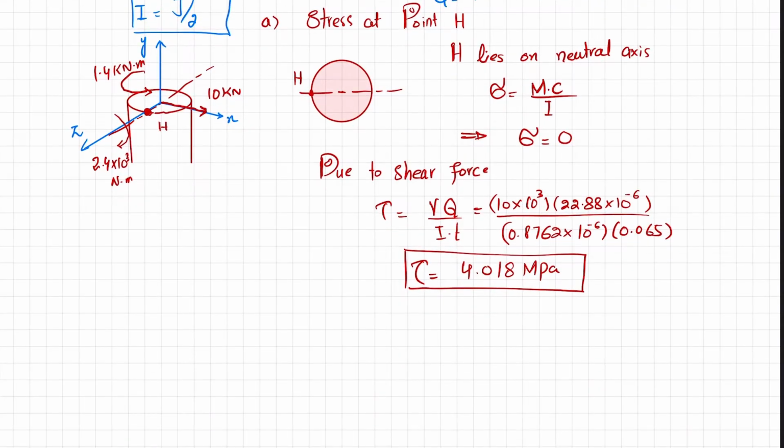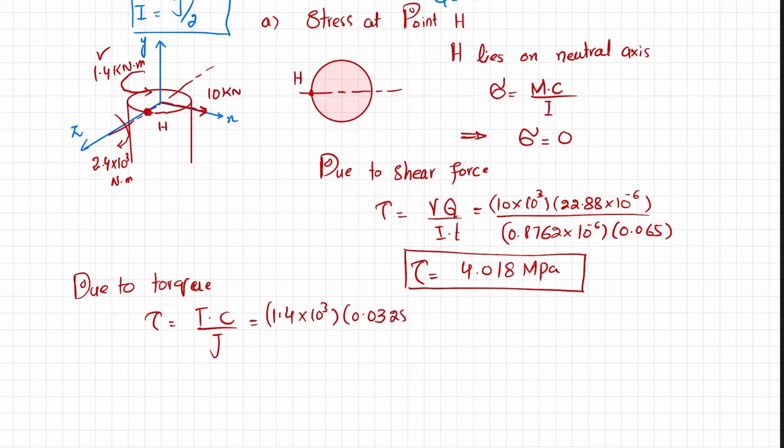Now you know that there is a torque or couple of 1.4 kilonewton meter also available. So due to torque, we have also a shearing stress that is equal to T into C divided by J. T is 1.4 into 10 raised to the power 3, C is the radius, which is 0.0325, divided by J, the polar moment of inertia, which was 1.7524 into 10 raised to the power minus 6.